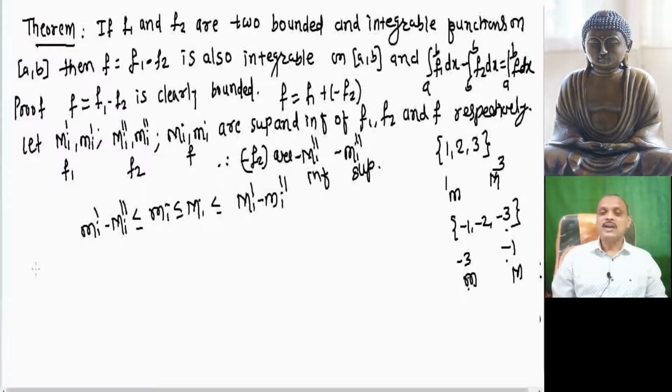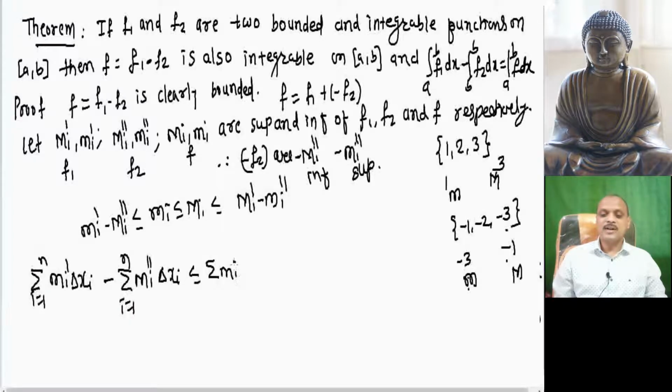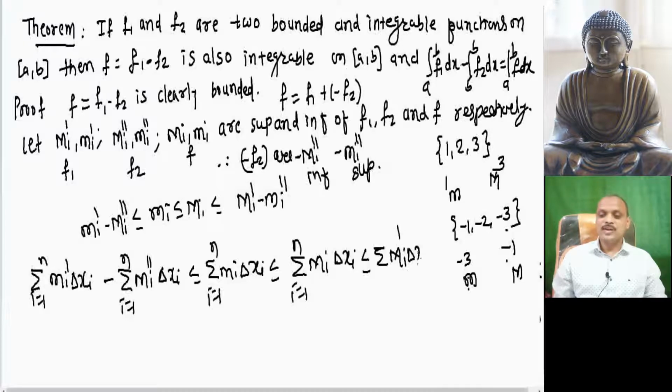Again we multiply by delta x_i and take the summation, i varying from 1 to n: the sum of small m_i' delta x_i minus the sum of capital M_i'' delta x_i is less than or equal to the sum of small m_i delta x_i, less than or equal to the sum of capital M_i delta x_i, less than or equal to the sum of capital M_i' delta x_i minus the sum of small m_i'' delta x_i.